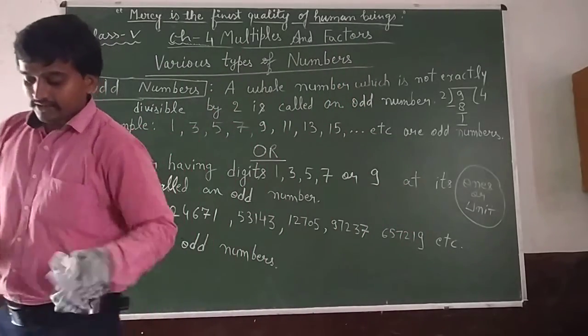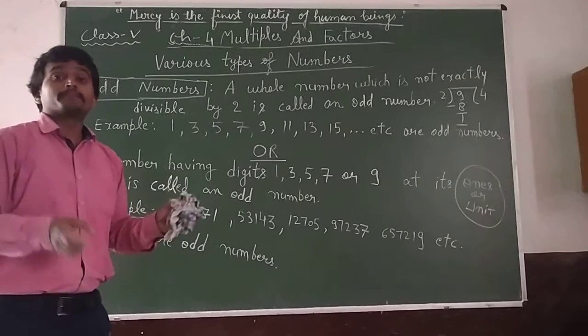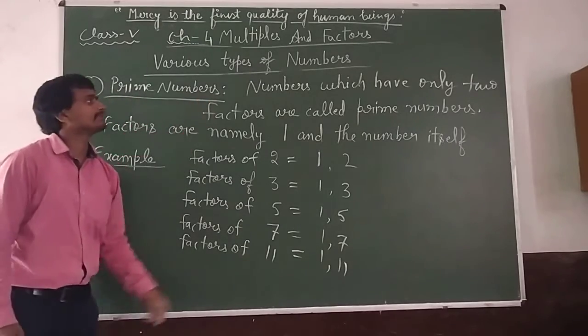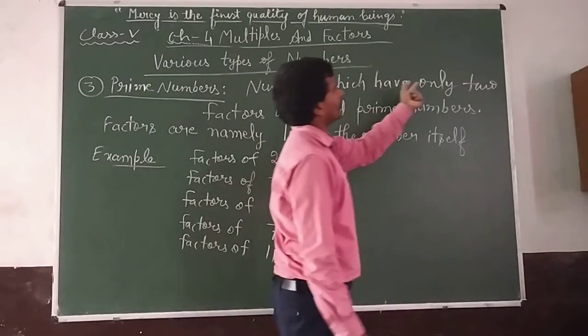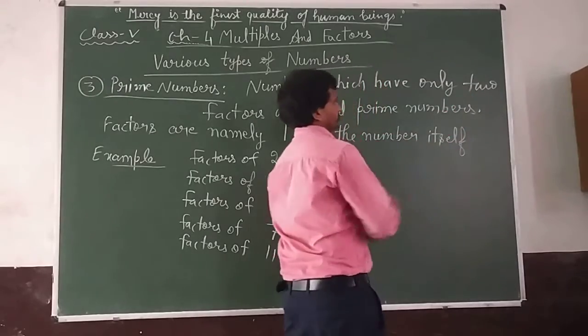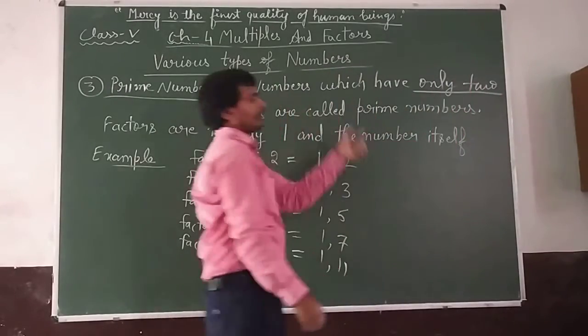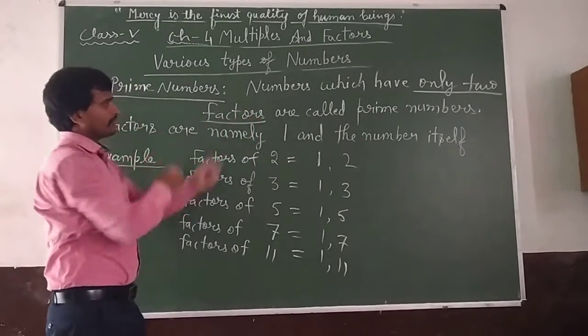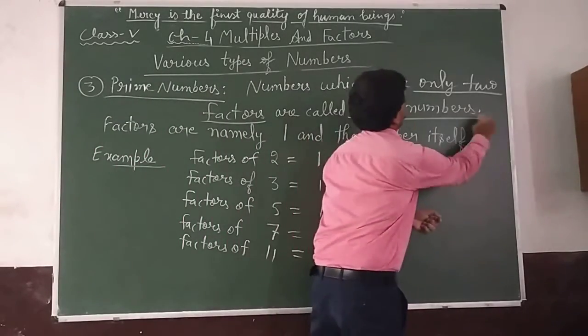Next one, that is very important, is prime numbers. Numbers which have only 2 factors are called prime numbers.